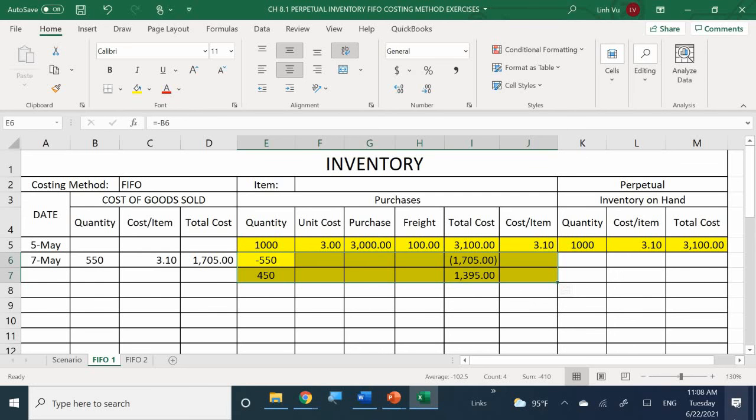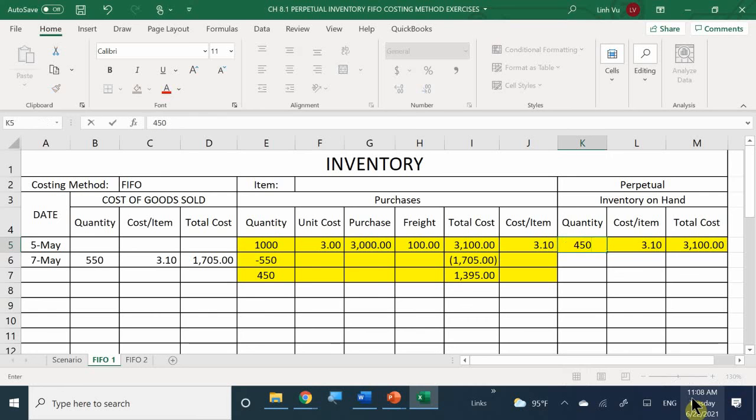But what I'm actually going to do is, since I know that I sold 550, I should be left with 450. So I'm going to update my inventory on hand so that my goods available reflects that I have 450 units left.